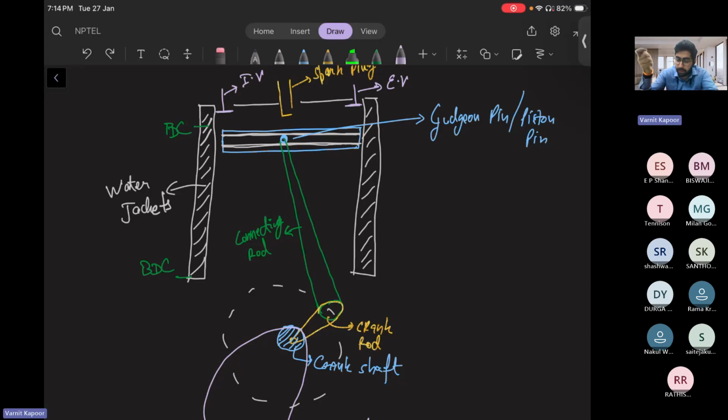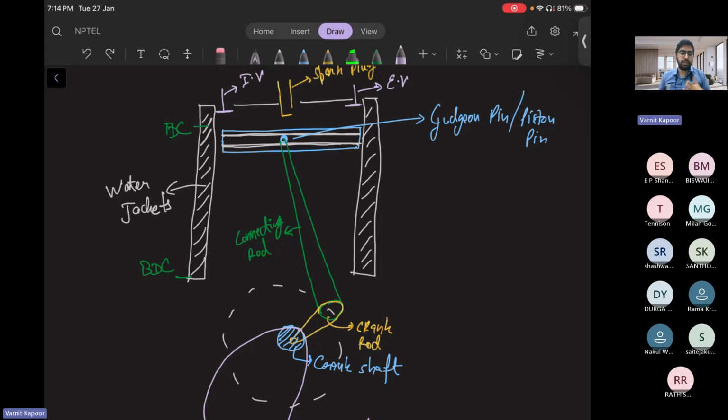From the connecting rod perspective, the connecting rod is pulling it, whereas from the piston, it is pushing it downward. So it is experiencing a push-pull mechanism at the same instant. After the combustion, the piston is coming downwards, pushing the gudgeon pin, whereas the connecting rod is moving downwards, pulling the gudgeon pin.